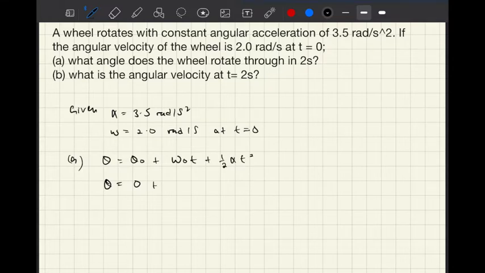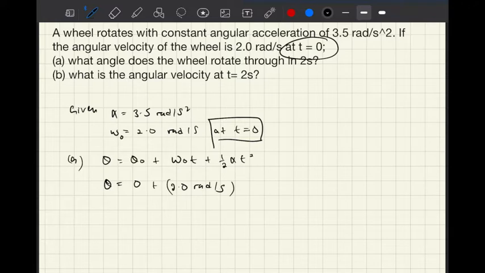Plus the initial value of angular velocity, because it says at t equal to 0, so we assume it begins at t equal to 0. This will be the initial value, so let's put that in.